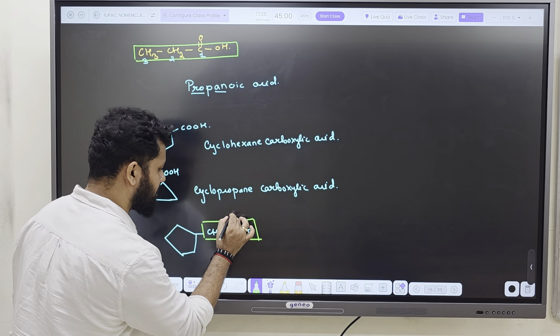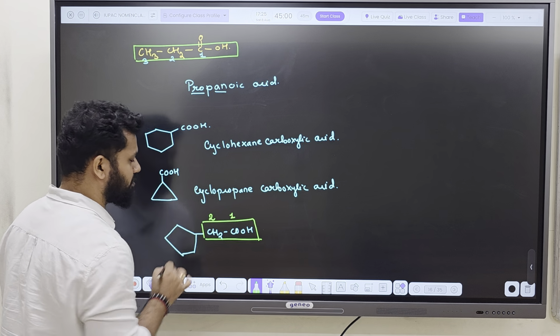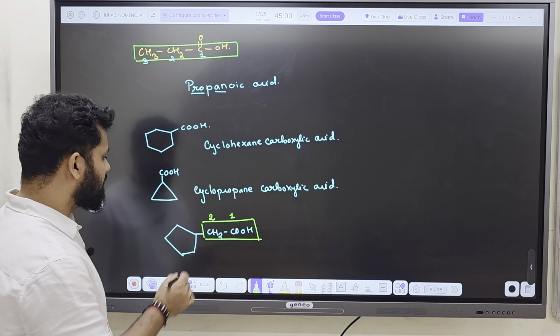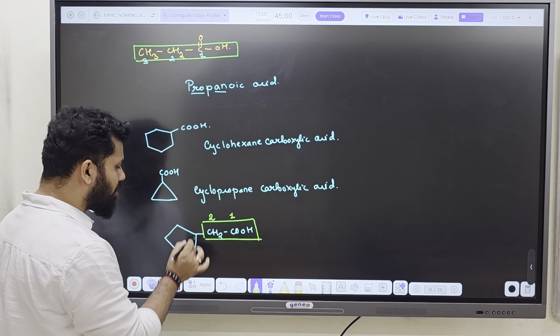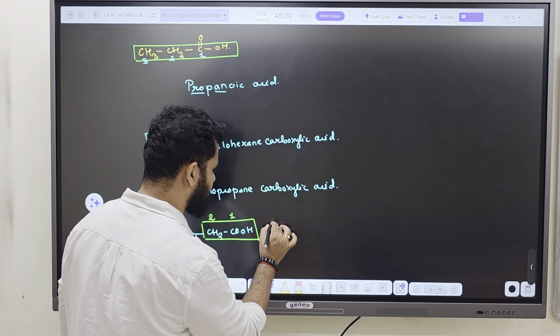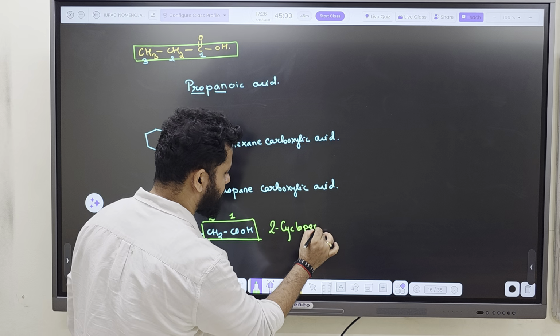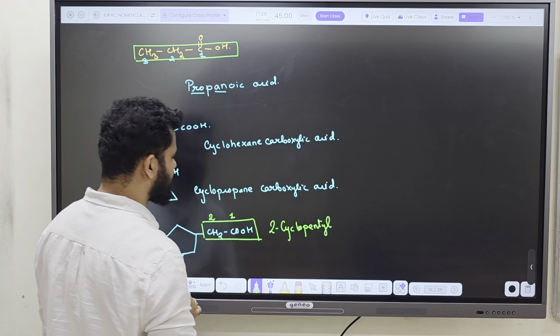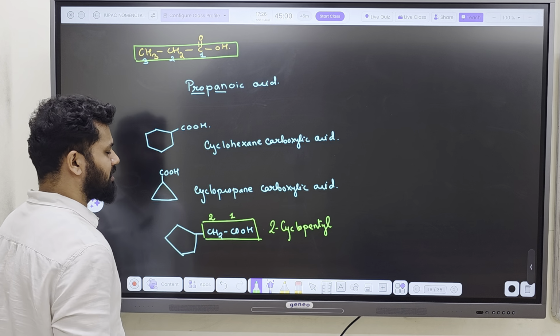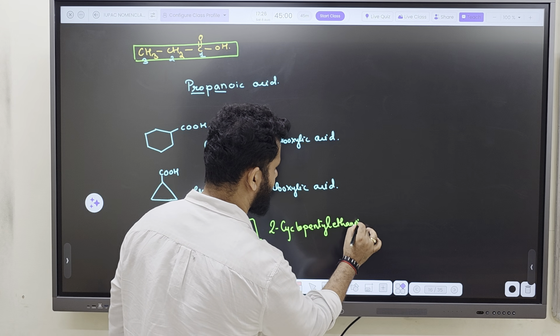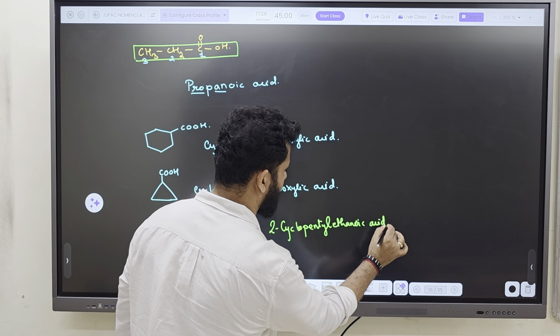Fine. So this one gets 1, this one gets 2. Why? Minimum number to the functional group. So at the second position, I have a cyclopentyl group. And the rest is a 2 carbon carboxylic acid, that is ethanoic acid.